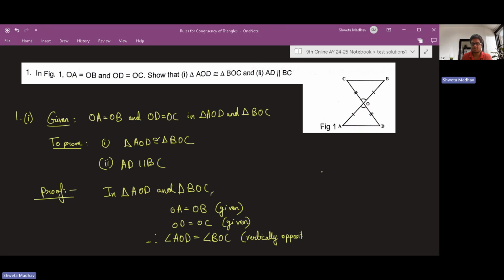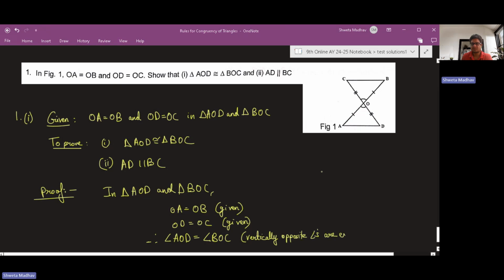Since vertically opposite angles are equal.